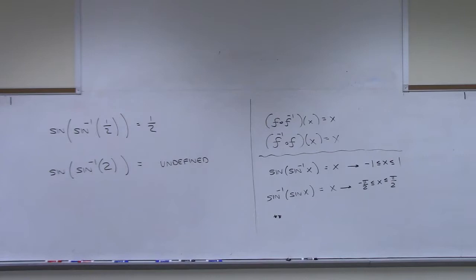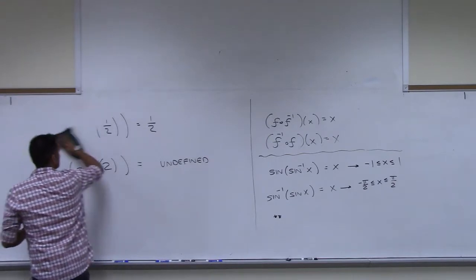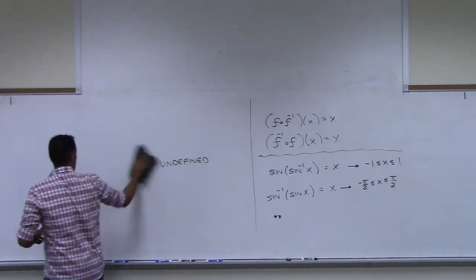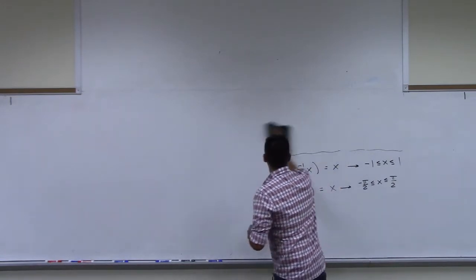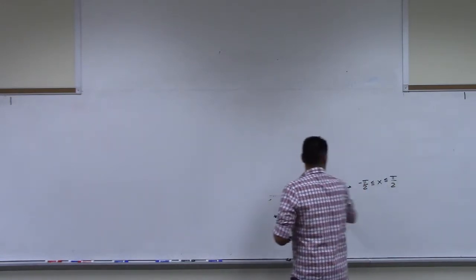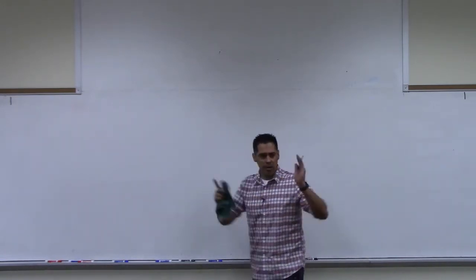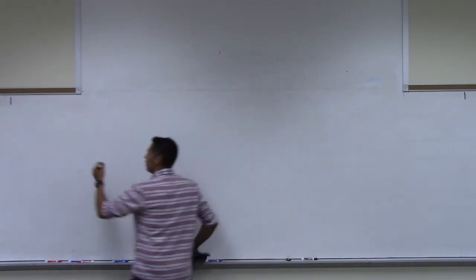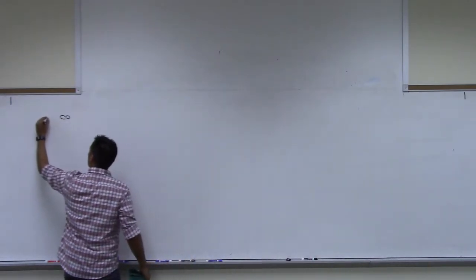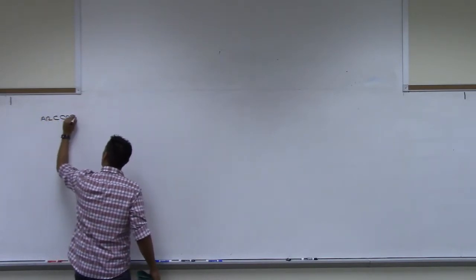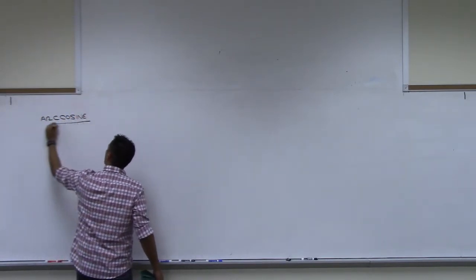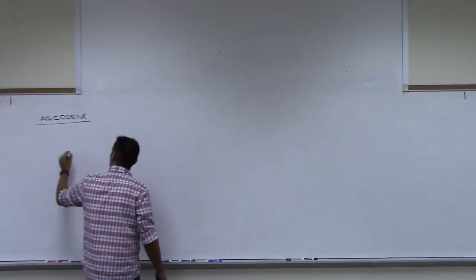All right. Do you want to move on to cosine? We still have some time. Now, when we graph the cosine function, we have to make a choice of where to cut it again. Arc cosine.